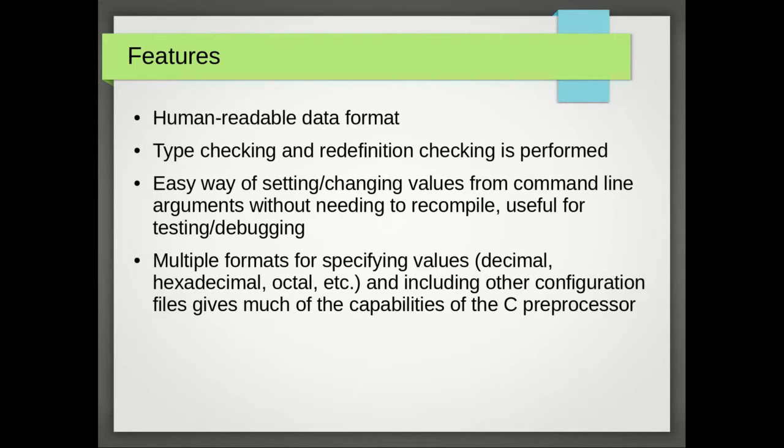There's also a very easy way of setting values from the command line for testing or debugging, and you don't have to recompile, you don't have to change anything in any files, so it's a lot easier that way. And also, there are multiple ways you can specify values, like you can specify ints as hexadecimal or octal or decimal, and you really have most of the capabilities of the CPU processor for pure constants.